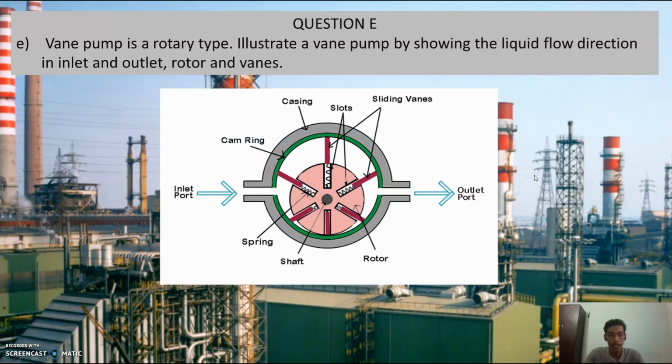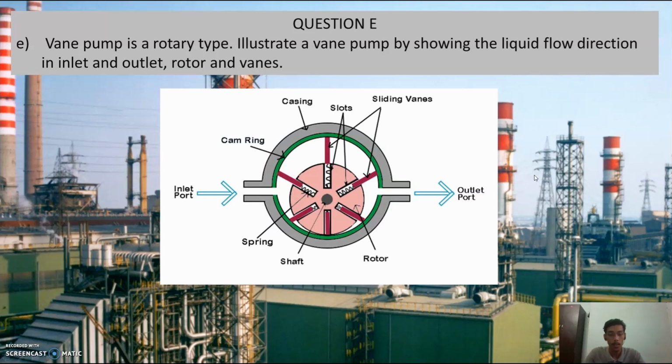Similarly, when the vane reaches a position where the distance between the rotor shaft and the casing is more, the spring of the vane expands to maintain contact with the cam ring. At this position, the area between the two adjacent vanes and the casing is also more.